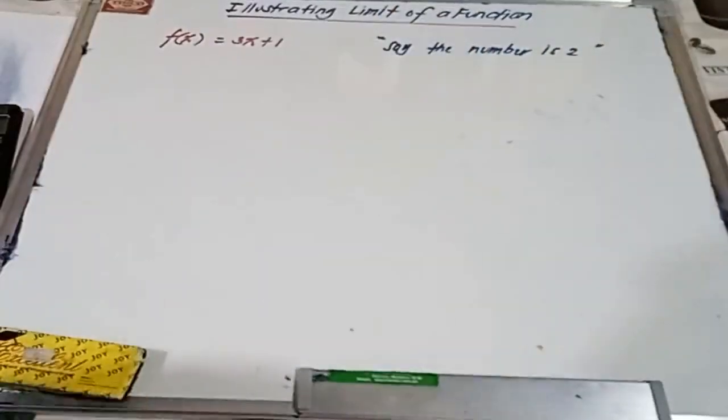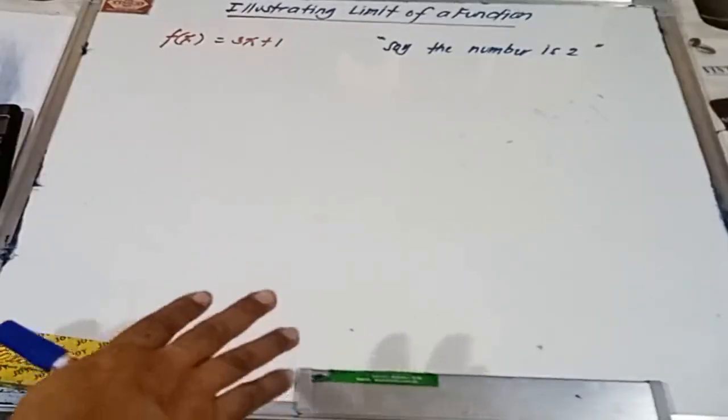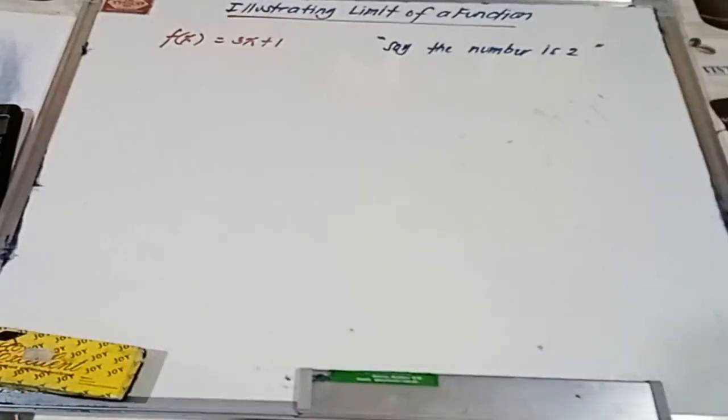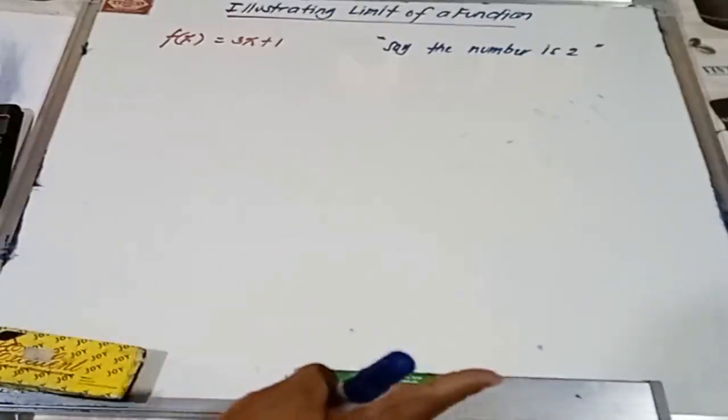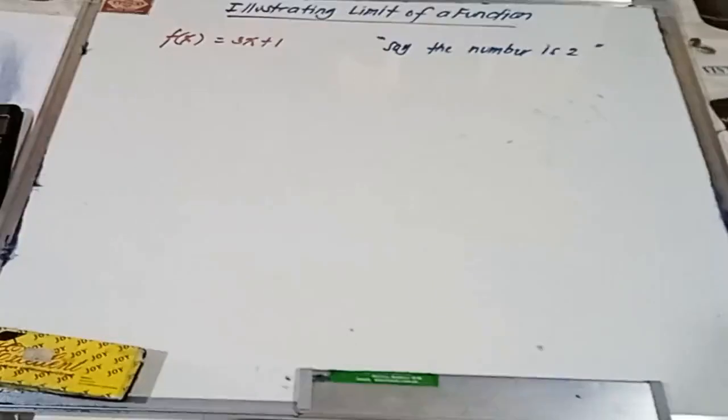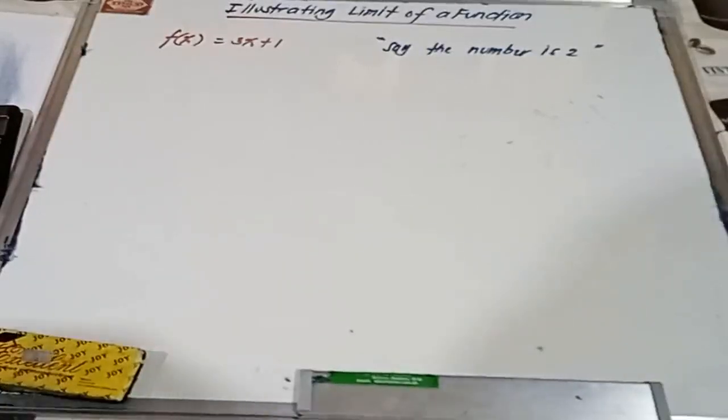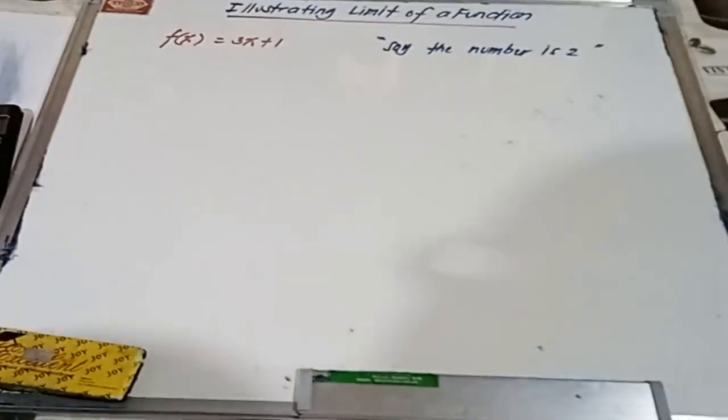So, mag-a-assign tayo ng values of x in the neighborhood of 2, and then we're going to compute the value of y. Dalawa yan, it's either to the right of 2 or to the left of 2. Yung right of 2, yung mga values greater than 2: 2.1, 2.2, 3, 4, 5, 6, etc. To the left of 2 means less than 2, like 1.9, 1.8, 1, 0, negative 1, etc.